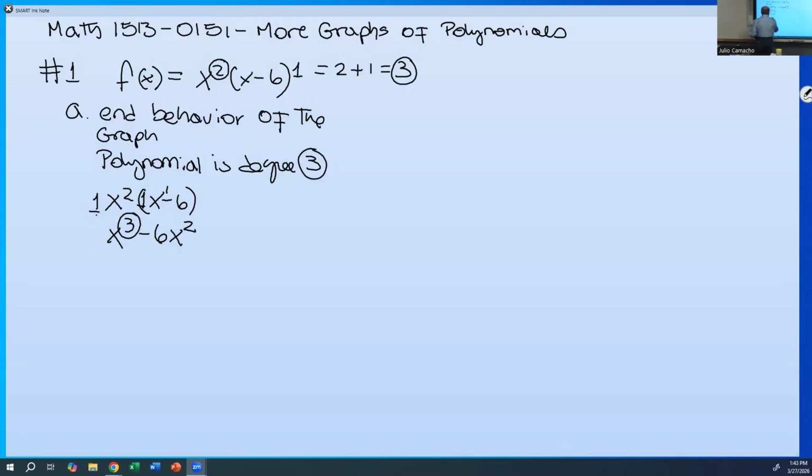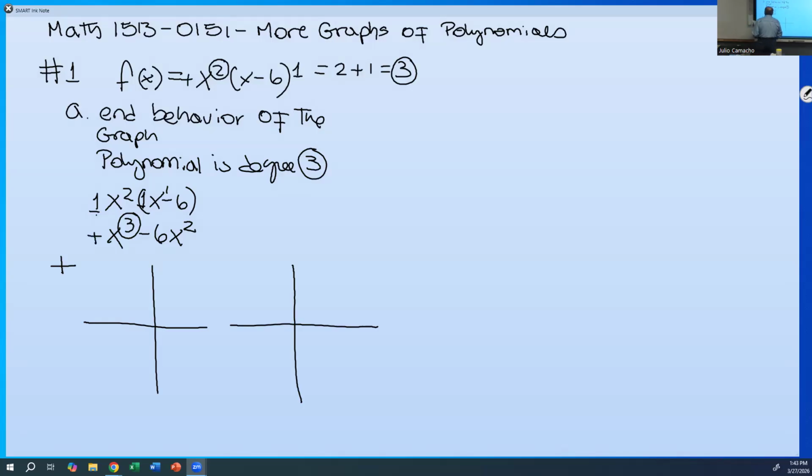When you have an odd function, you have two options. The function is positive because in front of x cubed or in front of x squared there is no negative sign, so we can assume there's a plus sign there and a plus sign there.